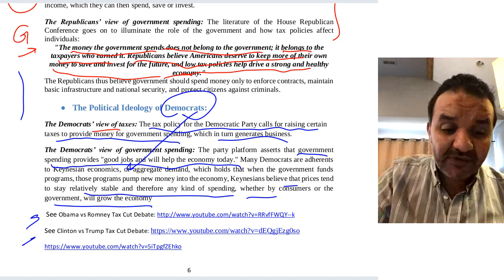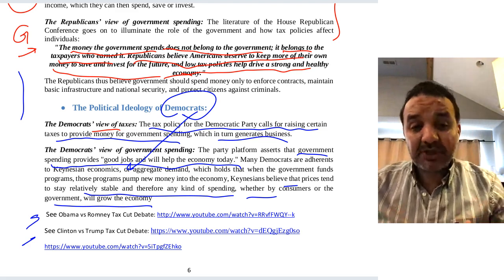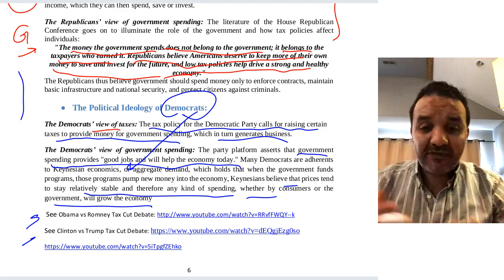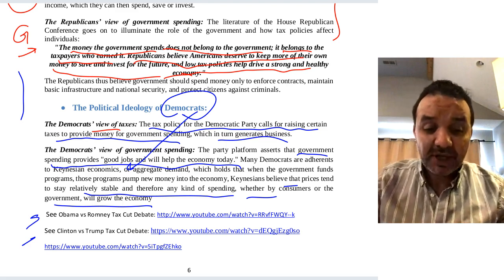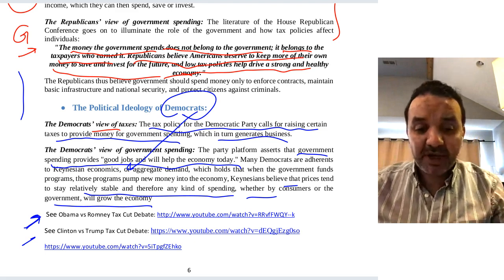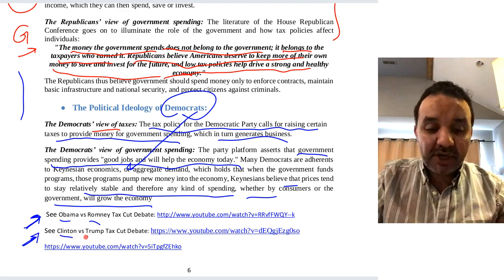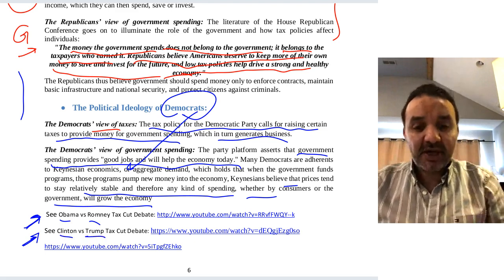If you click on these two videos, this is an example. Usually fiscal policy is one of the hot topics covered in the presidential debates, so feel free to watch these videos. One is about the tax cut debate between Obama and Romney, and another is a tax debate between Hillary Clinton and Trump.